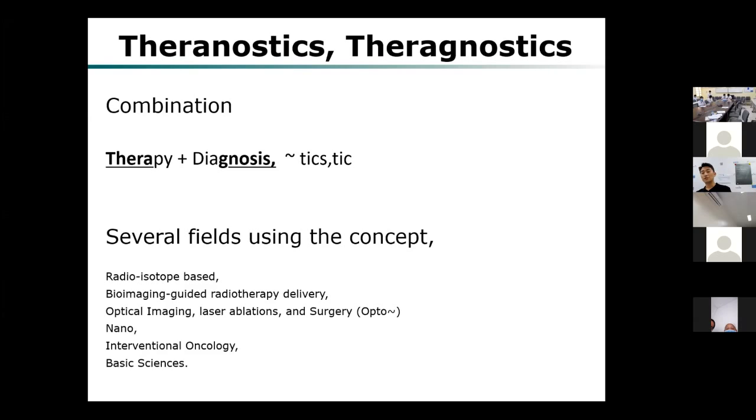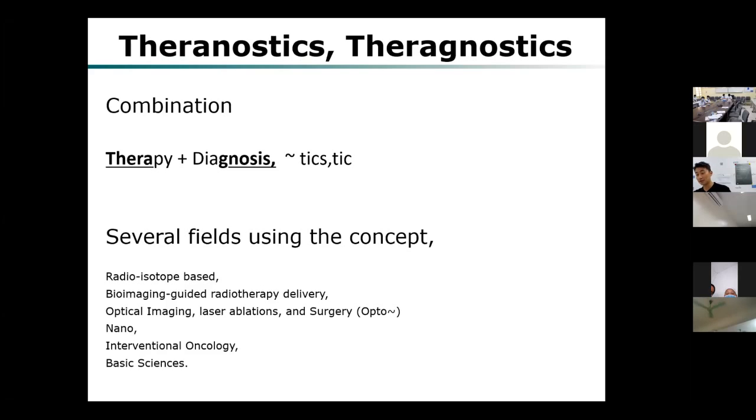Using laser ablation and surgery, they already use the concept of theranostics, so-called opto-theranostics. And in our field, we use radioisotopes as theranostic tools, for example iodine and rhenium, and you already saw an example from the lutetium work from Dr. Song.